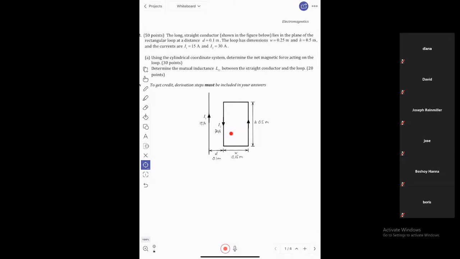Which is kind of a giveaway already, because here's the area, and you know the field produced by this current, and you simply sum up the dot product of the field with the area, divided by current number one. That will be your mutual inductance. That's it. So before you solve, make sure you know what you need to do. Any question up to this point?